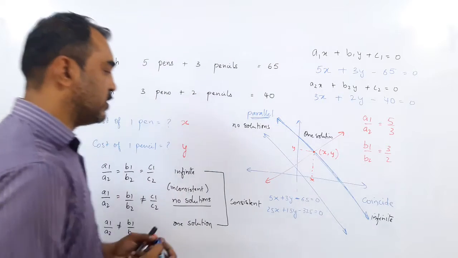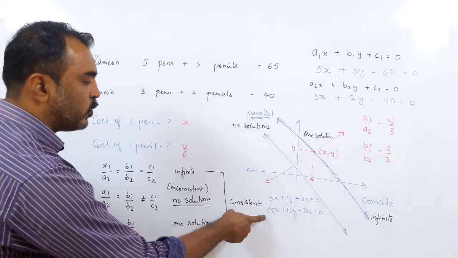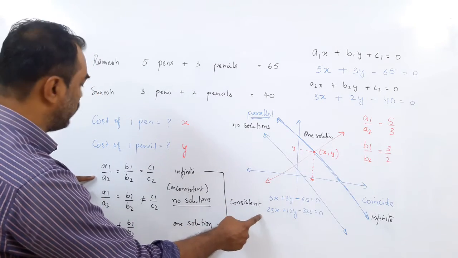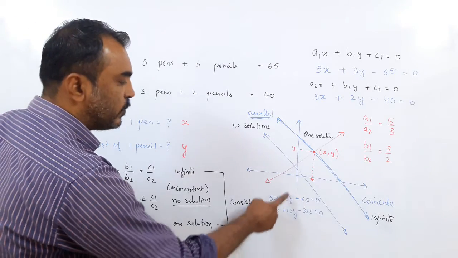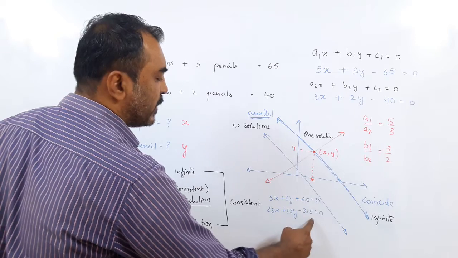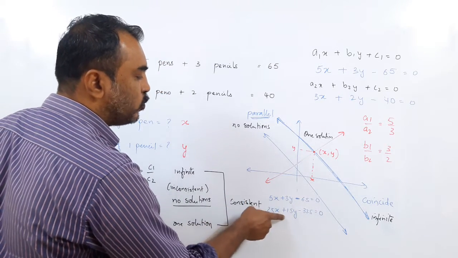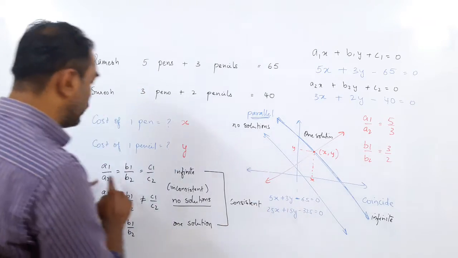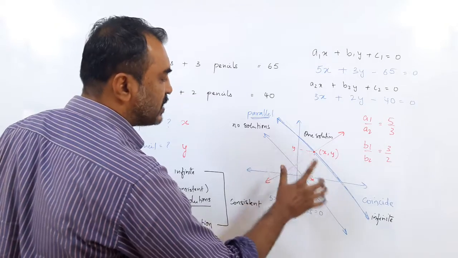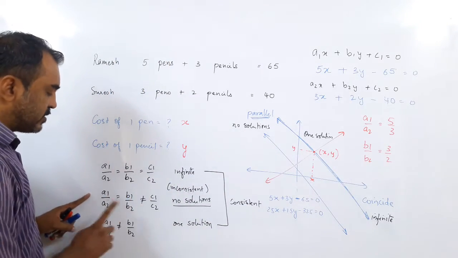Check this: a1 upon a2, 5 upon 25, is 1 upon 5. b1 upon b2, 3 upon 15, is 1 upon 5. c1 upon c2, minus 65 upon minus 325, is also 1 upon 5. So a1 upon a2 equals b1 upon b2 equals c1 upon c2. There will be infinite solutions. We are going to plot equations of this type and see. For that we will need the graph paper, which we will do in the next lecture.